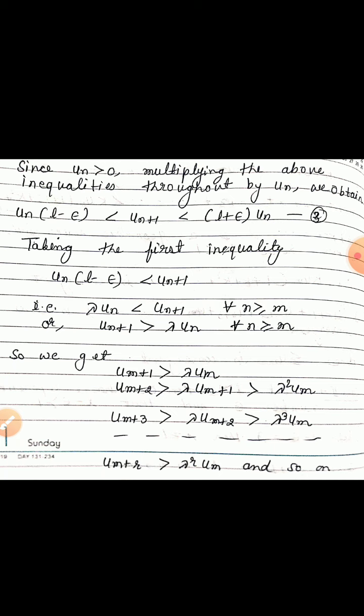As in case 1, we will put n is equal to m, m plus 1 and so on. So we get um plus 1 is greater than lambda um, um plus 2 is greater than lambda um plus 1, and since um plus 1 is greater than lambda um, we finally write um plus 2 is greater than lambda square um. Similarly, um plus 3 is greater than lambda um plus 2, which is greater than lambda cube um, and so on. um plus r is greater than lambda to the power r um, and so on.